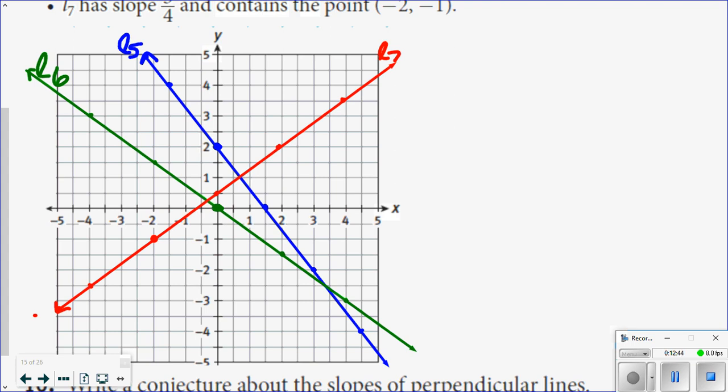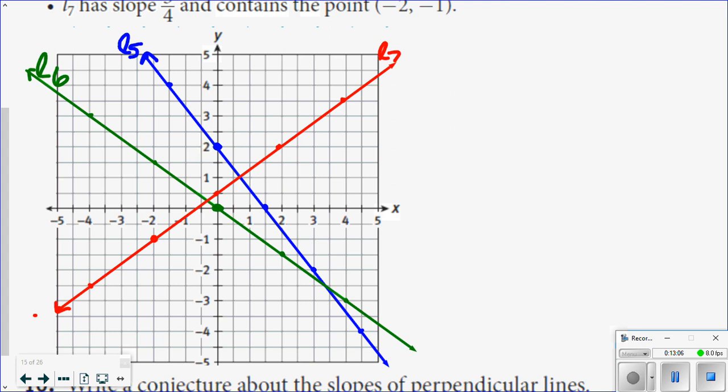Now, this is a really hard example to tell. And when I'm looking at the paper version, it's a little bit easier to tell than on the board. But the correct answer here is line 5 and line 7, although it doesn't look like it.